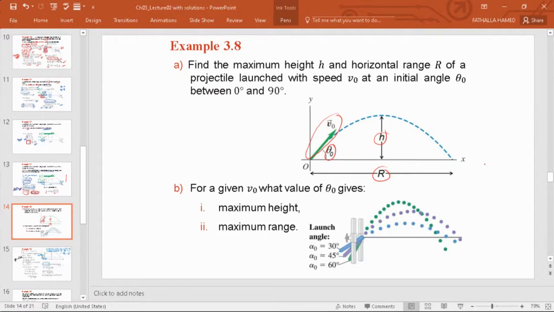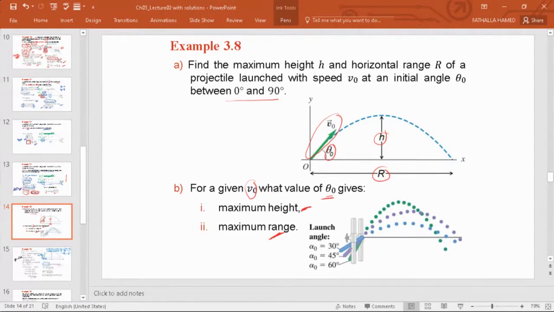You can fire horizontally, or you can fire up at 90, but you can choose any angle between 0 and 90 degrees. For a given theta 0, that means you don't change that, you keep that. What is the value of theta 0 that will give the maximum height and the maximum range?